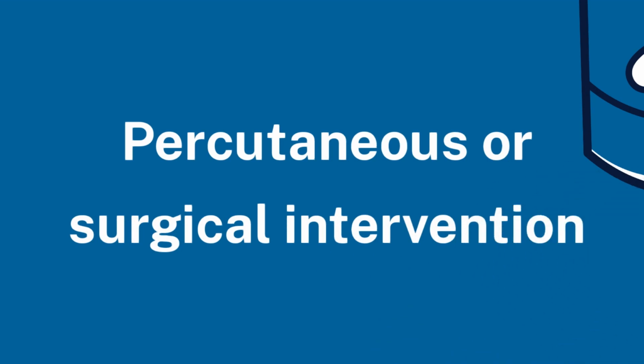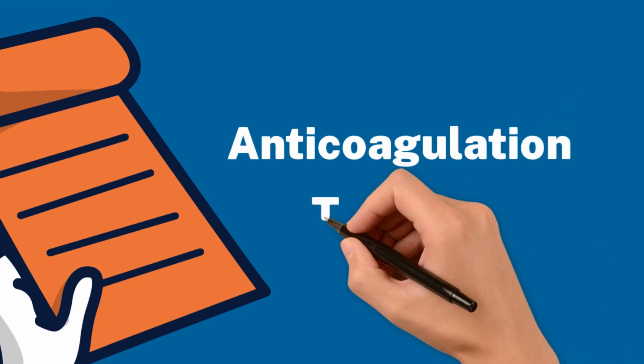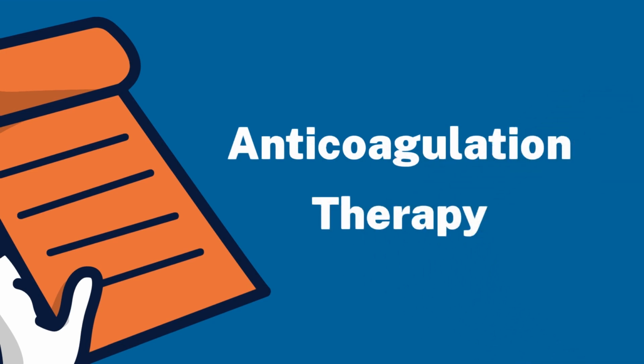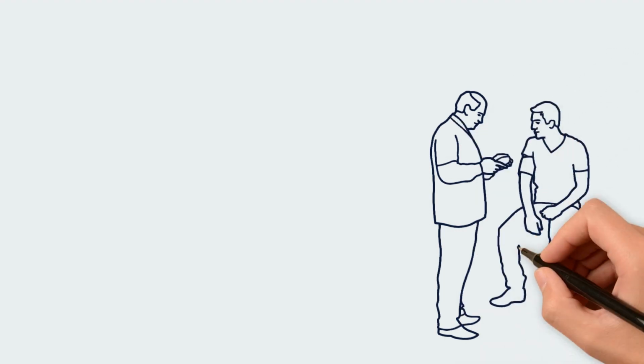Now, anticoagulation is really foundational treatment no matter what the severity or the location of a VTE event is. So that's what we're going to focus on for the rest of this educational activity.